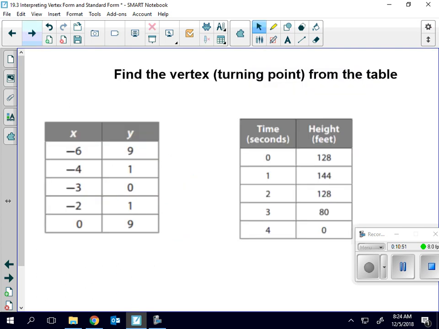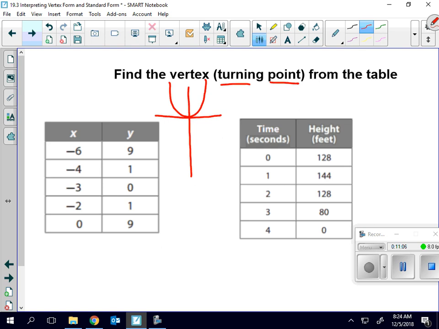All right. If you have your highlighters handy here, this is good. We are going to find the vertex, which is, remember, the turning point. And we'll just sketch a graph. You don't have to do this. I'm just sketching a graph for you. So you see the vertex is where it turns. So we're going to look at the y values. The y values on one end are going to be going down, and then on the other side of it, it's going to be going up.